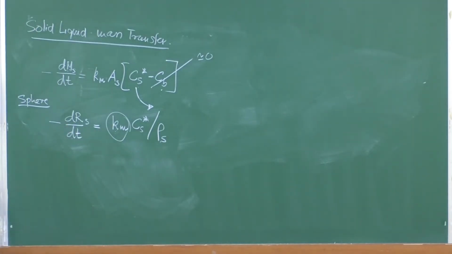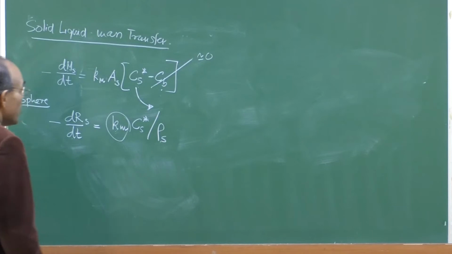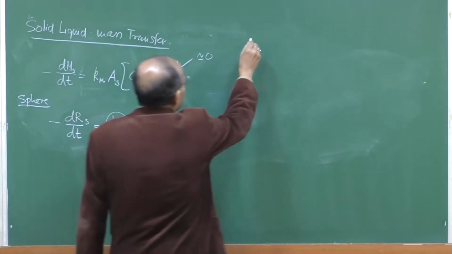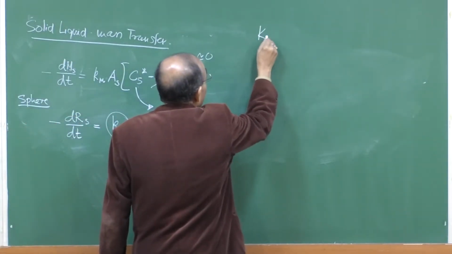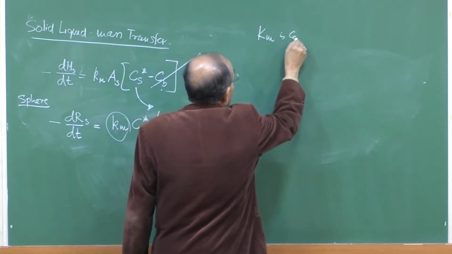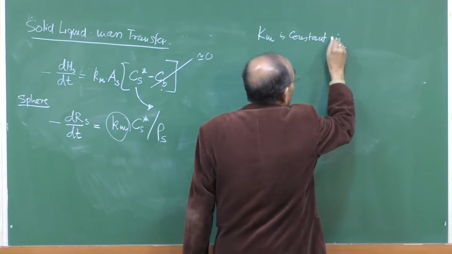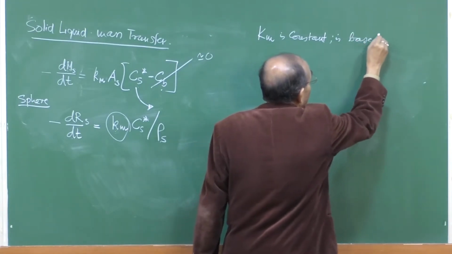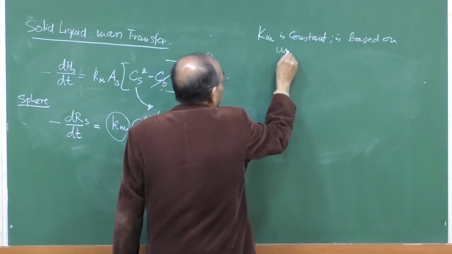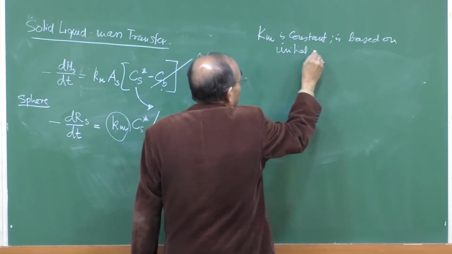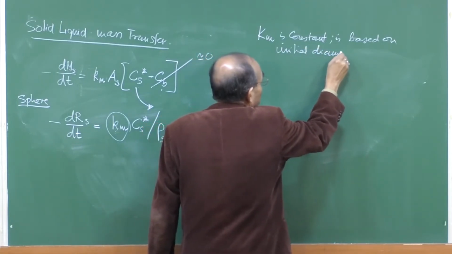At a very fast rate, the radius is going to be decreasing. So, let us assume Km is constant, and it is based on the initial radius of the sphere, initial diameter of the sphere. That is a given condition.